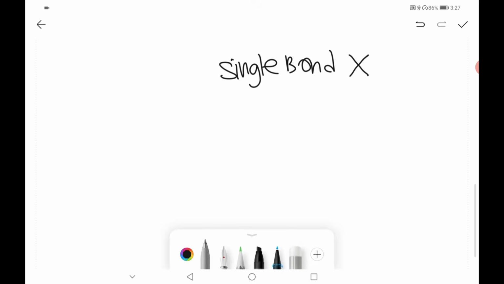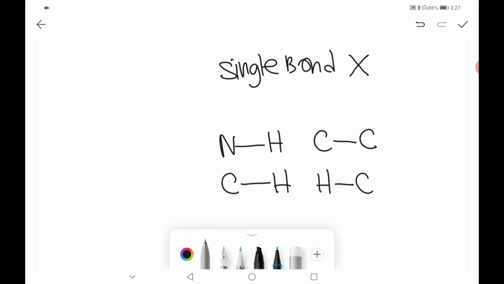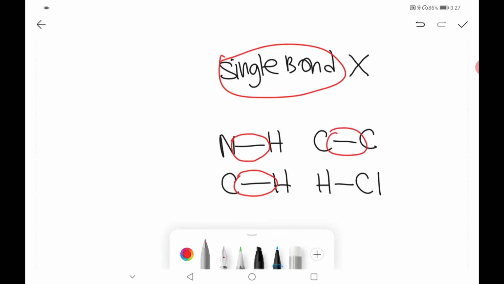For example, nitrogen can be single bonded with hydrogen, carbon can single bond with hydrogen, carbon can single bond with carbon, and hydrogen can single bond with chlorine. So if you only use the words single bond, we don't know whether the single bond is between nitrogen and hydrogen, carbon and hydrogen, carbon and carbon, hydrogen and chlorine, or others.